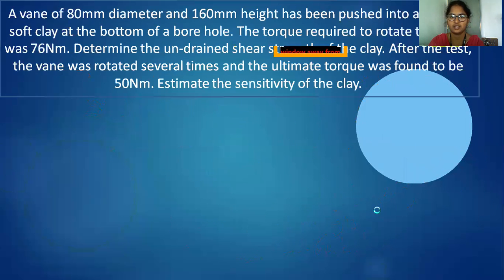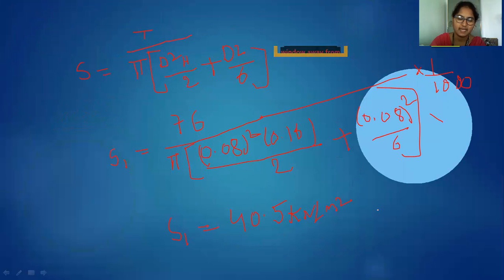So here in the vane shear test, the diameter, height and two torques, T1 and T2, are given. The general formula for the undrained shear strength of the clay is S is equal to T by pi into D square into (H by 2 plus D by 6).